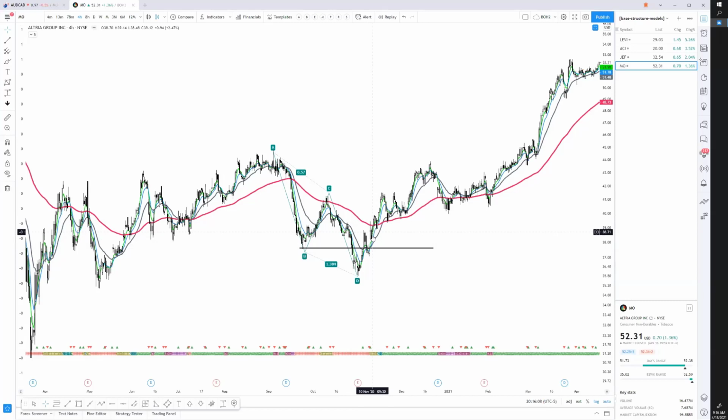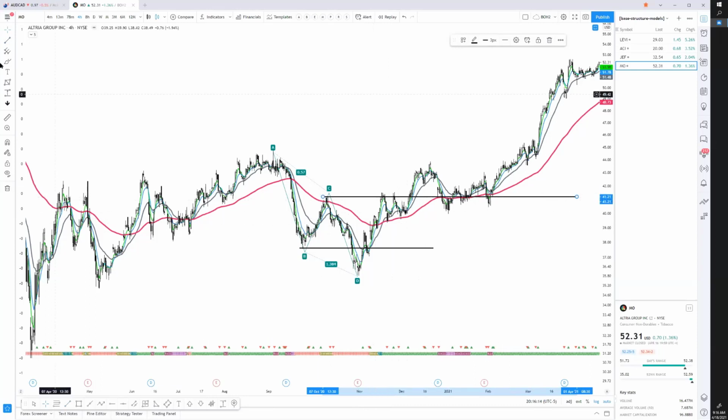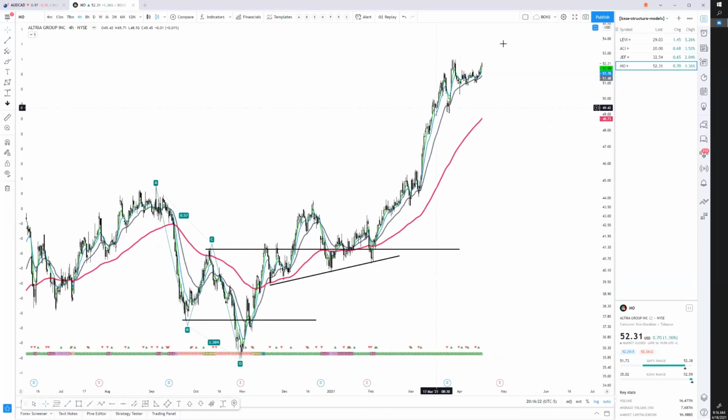The next one will be on the break in this area. So that's your next buy area, and then hopefully you get to capture this run up here once it clears its previous high in this area.